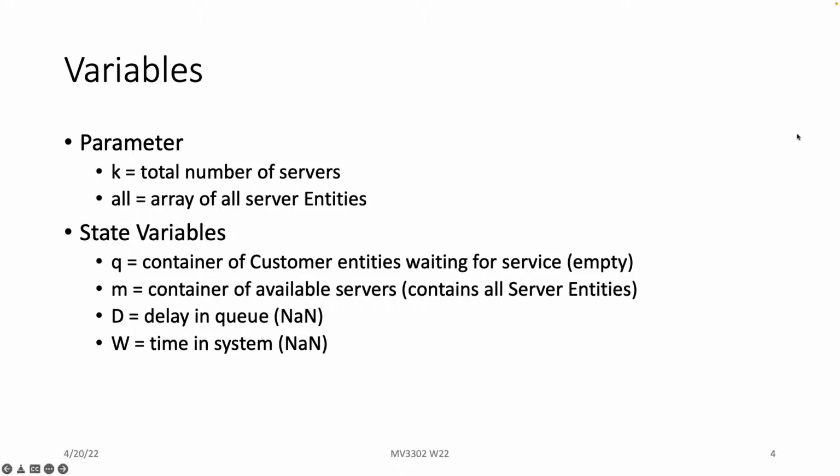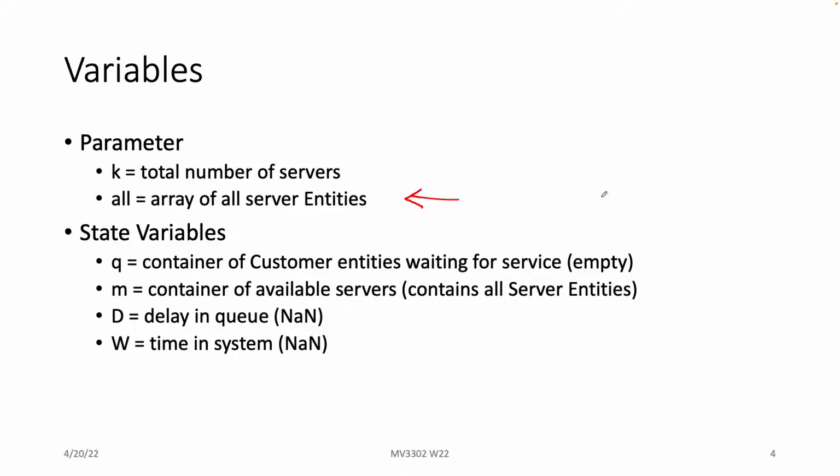Now in terms of our parameters, we have to look a little bit more carefully here. We have, say, the total number of servers, but if we're modeling the servers as entities, then we want a parameter, which I'll call all, because that's a little shorter than all servers.